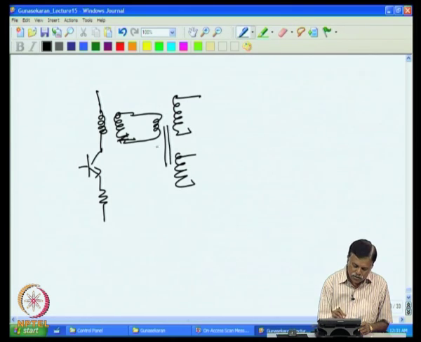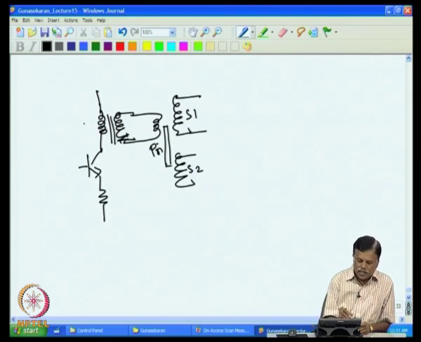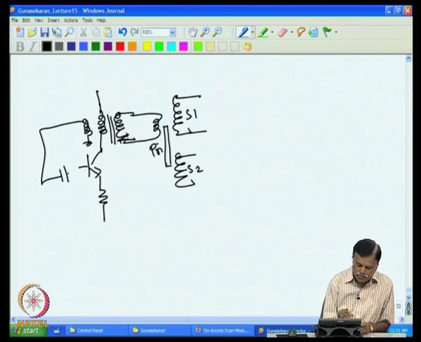So, this is the primary of the LVDT, and that is the core, and this is S1, secondary 1, secondary 2, and this is the transformer that we have, and in this we will also wind one more winding and then connect this.